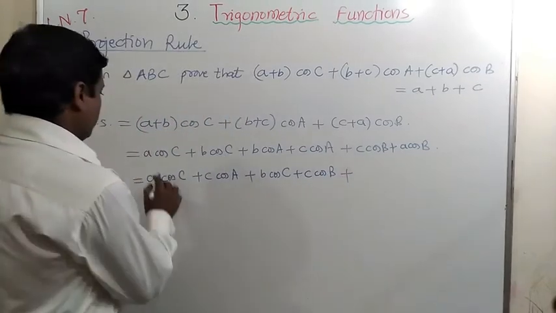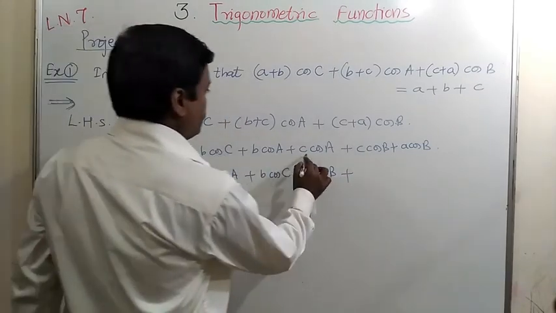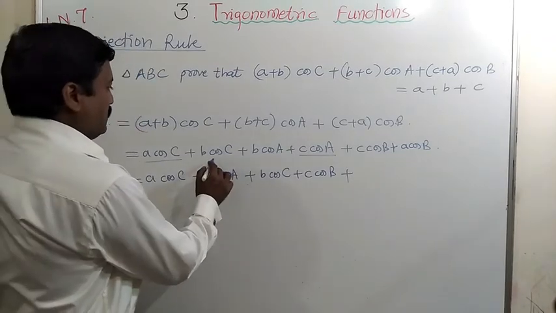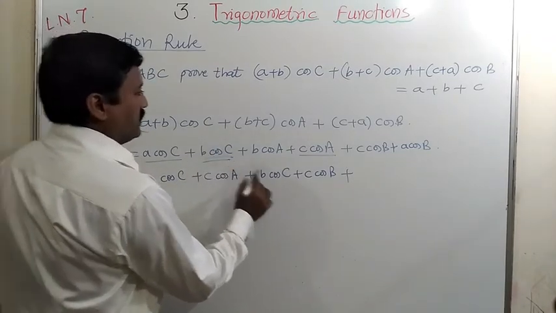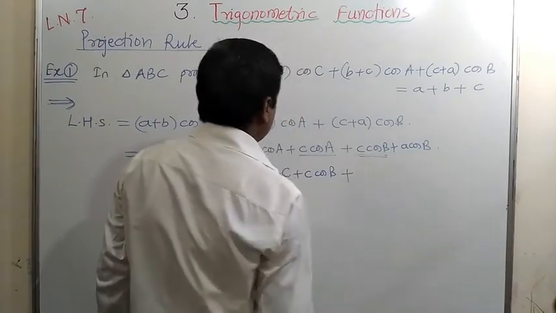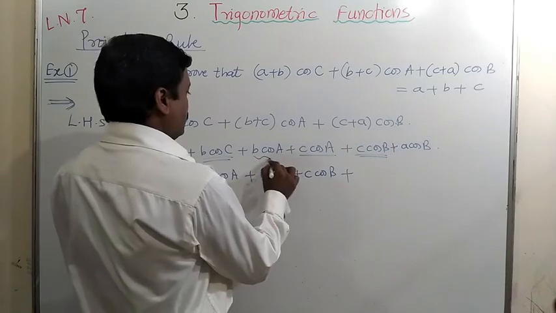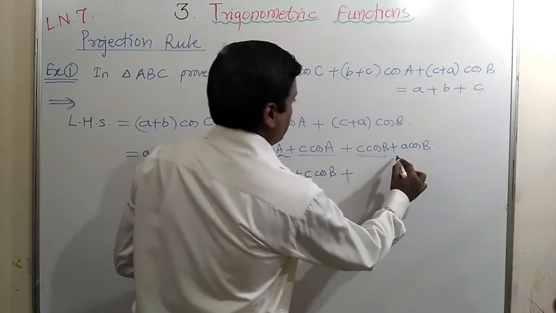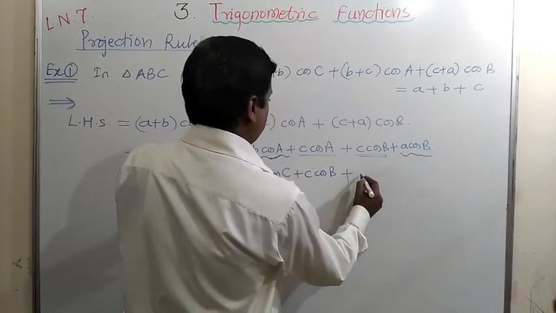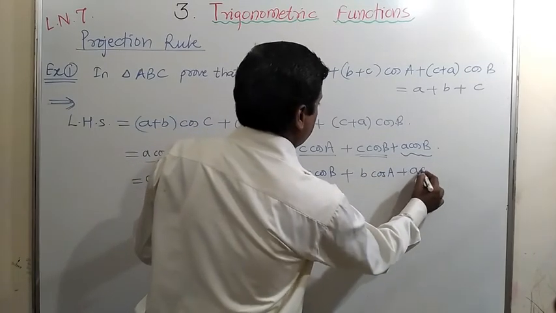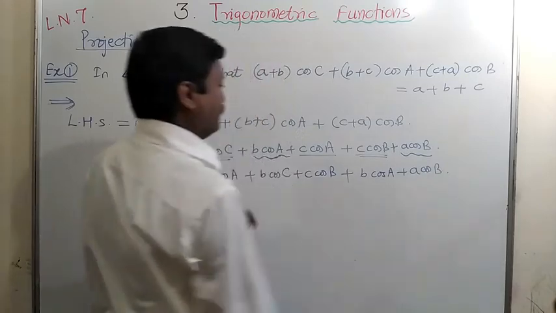Now remains 2 terms, because this a cos c and c cos a we have taken together. Then this one is b cos c and c cos b. Now remains b cos a, this one, and this a cos b. So you get b cos a plus a cos b.